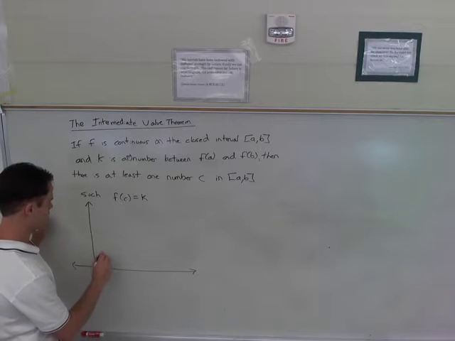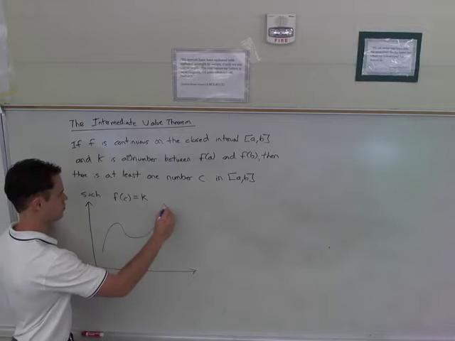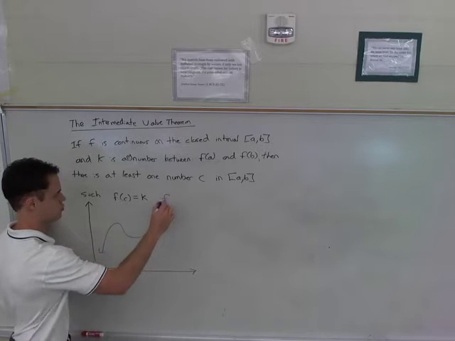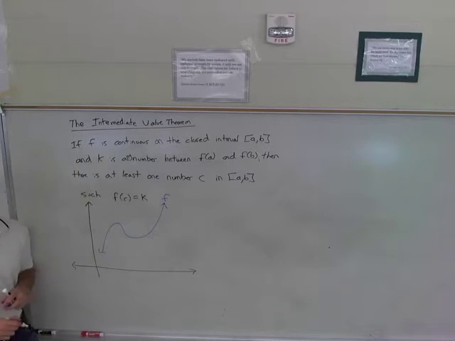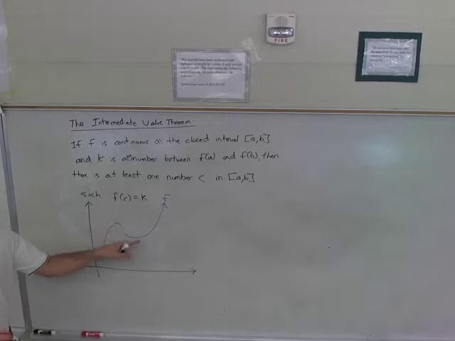Okay, so let's just draw some kind of function. Doesn't really matter. What does matter is that in the neighborhood we're discussing, it is continuous. That's really key. That's the whole key to this, right? If it's not continuous, this might not work. So we'll see that. I'll show you a picture like that too.